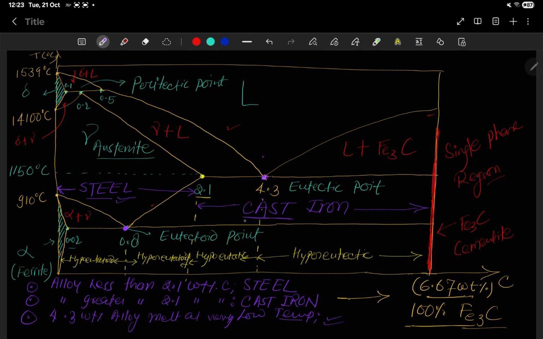That's why we get the name cast iron. So this is all about the iron carbon phase diagram.